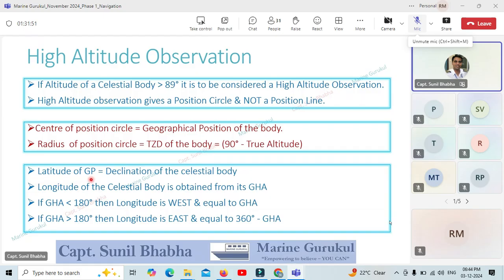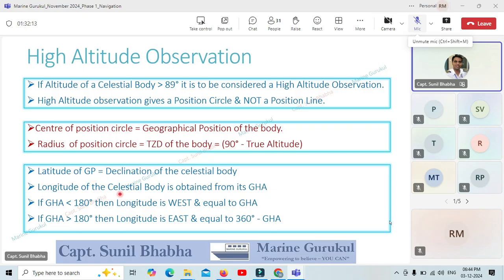The latitude of the geographical position is equal to the declination of the celestial body, both the magnitude as well as the name. Whatever is the magnitude and name of the declination, the same will be the magnitude and name of the latitude of the geographical position.